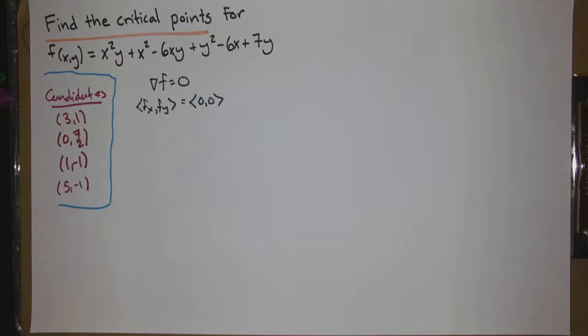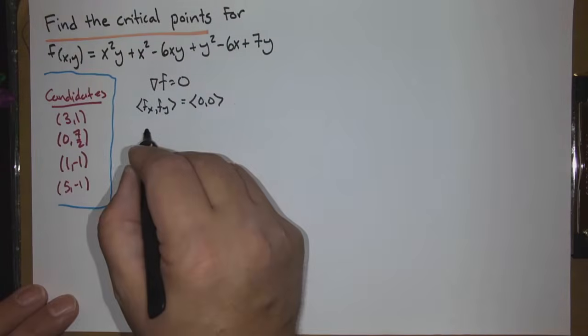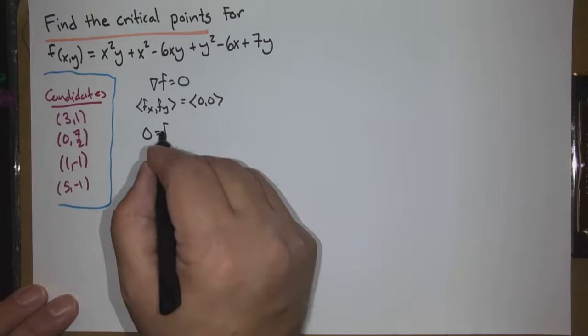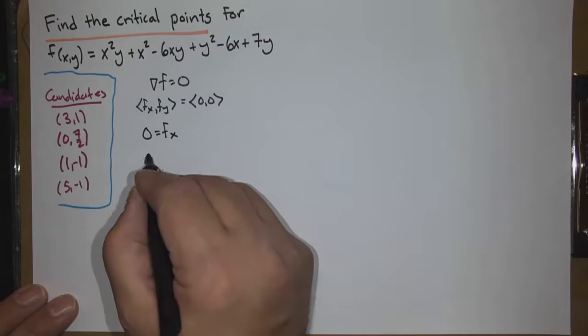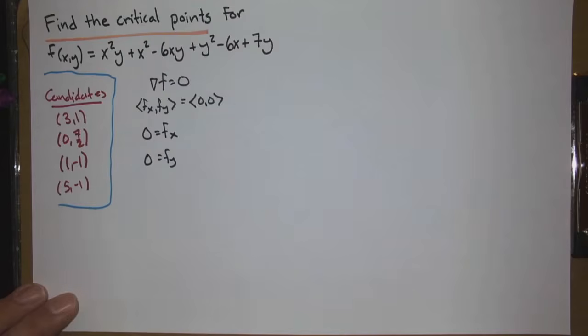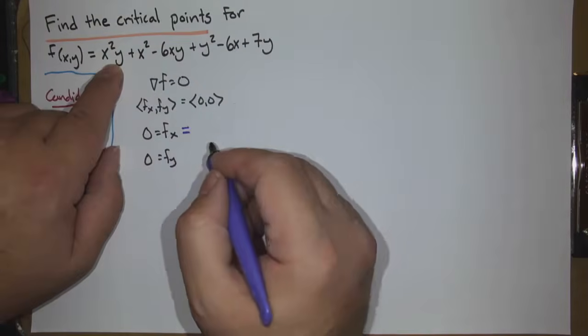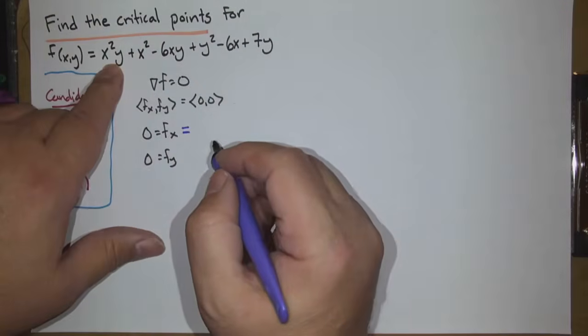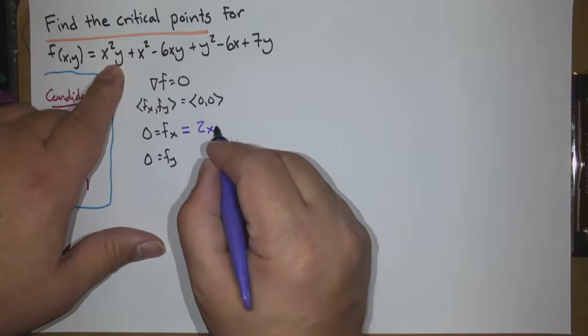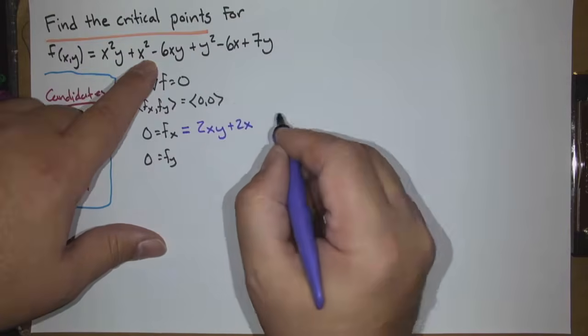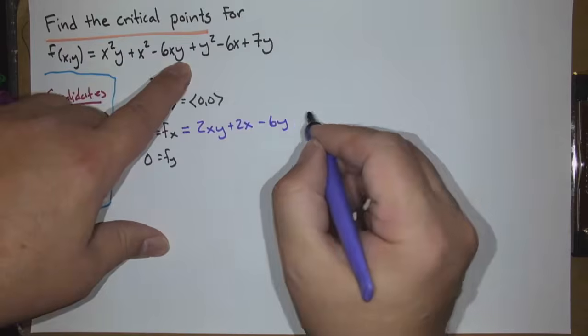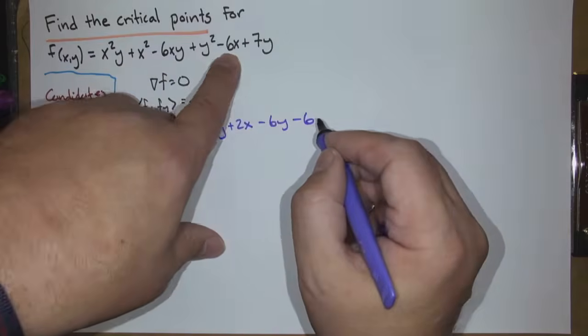More precisely, we set 0 equal to our partial derivative with respect to x, and 0 equal to our partial derivative with respect to y. Let's take our partial derivatives. We'll start with respect to x. What's the derivative with respect to x? 2xy plus 2x minus 6y minus 6.